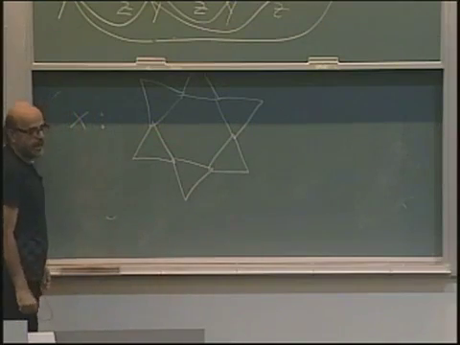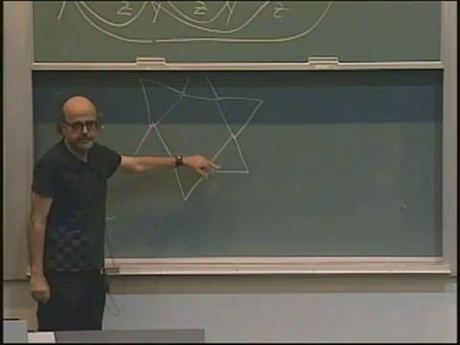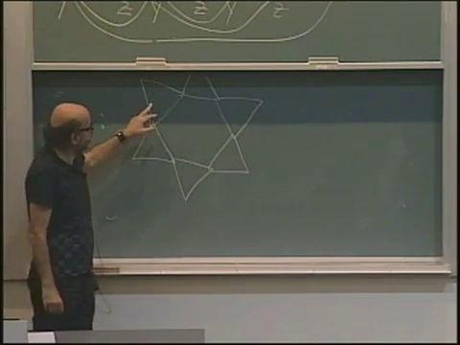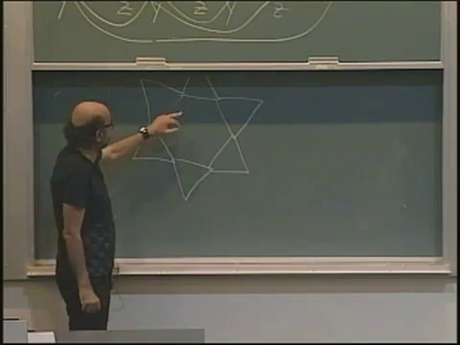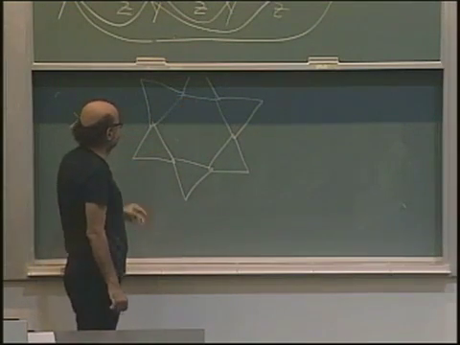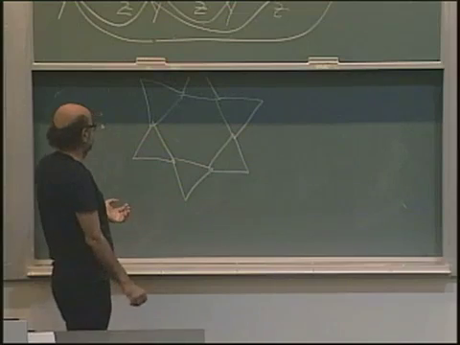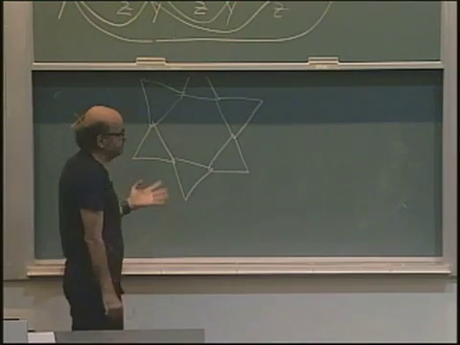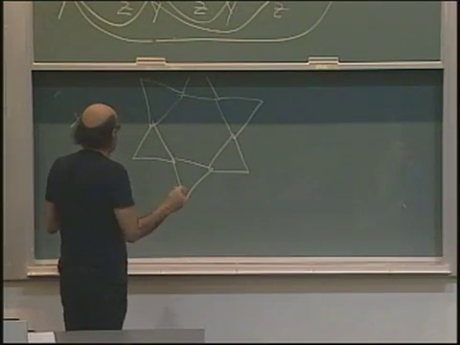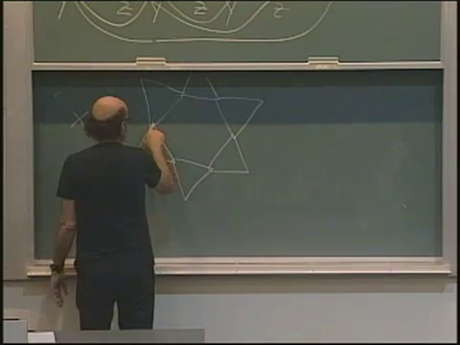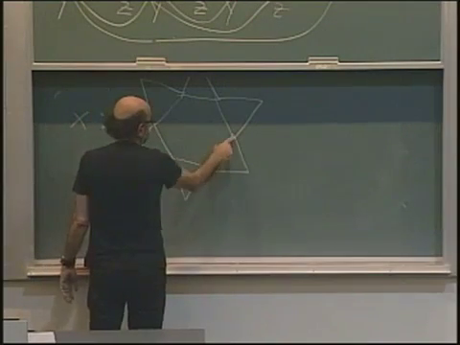I have 6 boys and girls. Here, that's my community. Is this what I have? No, I have 3 boys and 3 girls. So this is a boy, this a girl, this a boy, this a girl, this a boy.